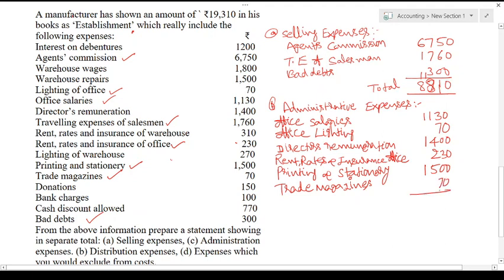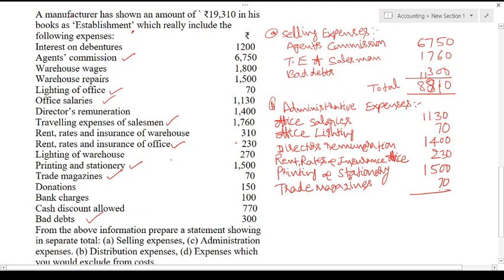Anything which is relating to office and administrative expenses is to be recorded under office and administrative expenses. Apart from that, nothing is left over relating to office and administrative expenses.